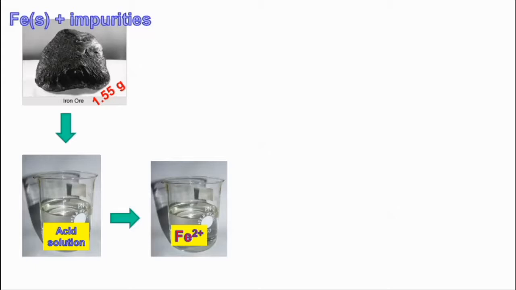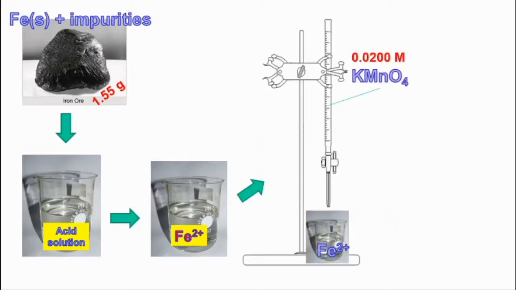Clear everybody? Right. In the next part of this question, this iron 2 solution is later titrated with 0.02 molar potassium permanganate solution, KMnO4. What happened in this titration? Permanganate ion from the potassium permanganate is reduced to manganese 2 ion, or we can say that the permanganate ion undergoes reduction.